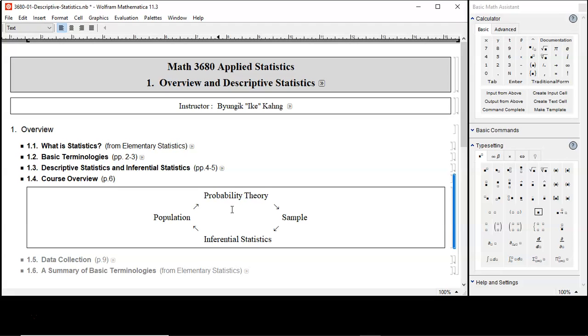And in the second half of the course, we're going to study inferential statistics. From sample, we do some mathematics and apply it back to the population. That's inferential statistics. Of course, probability theory and inferential statistics are closely related as well. And there goes the course overview.